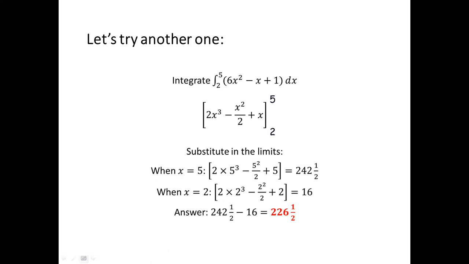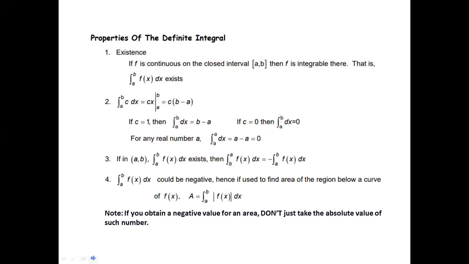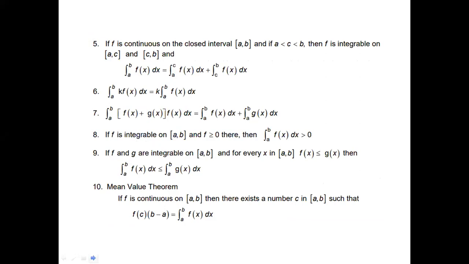My calculator, which is very old, can also process definite integrals which have limits. So it's important that you know how to process your given function even if you don't have your calculators doing it for you. Okay? Now, these are the properties.